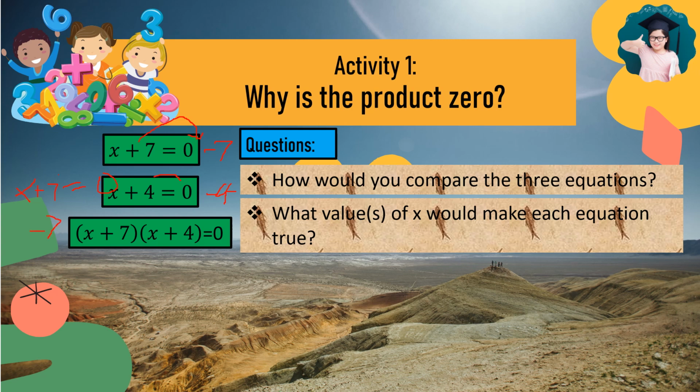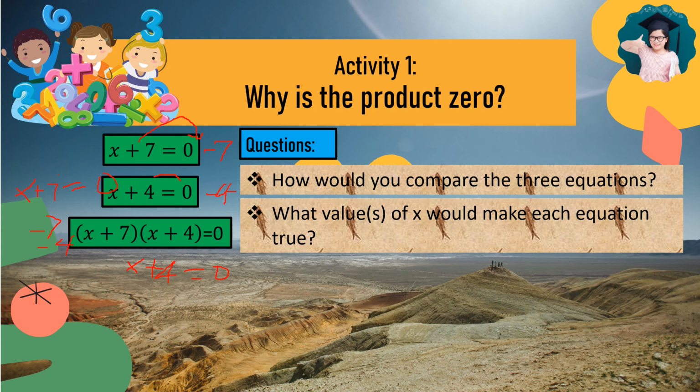And of course, since these are 2 factored forms, you do the same thing with the x plus 4. You just have x plus 4 equals 0. And then when you do the transposition, when you use the magic rule, you'll come up with x equals negative 4. Okay, so there are 2 values because there are 2 factored forms also.